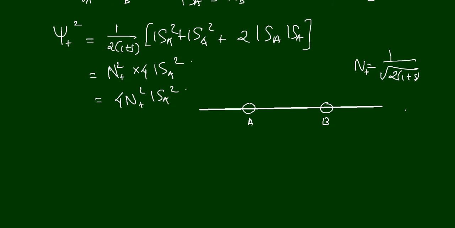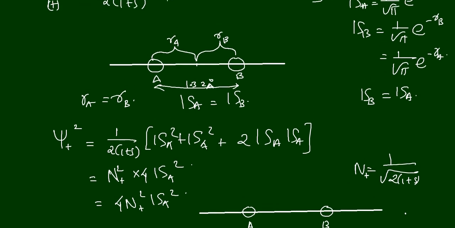So this distance from here to here is 1.32 angstrom, just like we kept it here. Here we consider that bonding is there. That is why we consider the bonding molecular orbital. Psi plus is a bonding molecular orbital, which means that it makes a molecule.